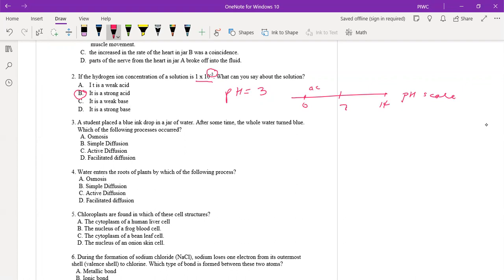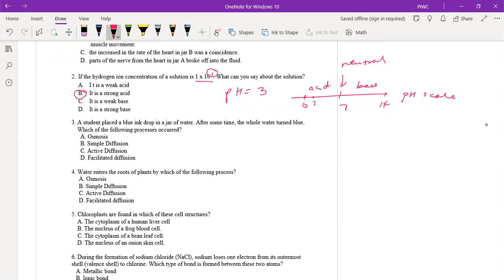And then between 7 to 14, the base. 7 is neutral. And closer to 0, it is a strong acid. So this 3 is close to 0. So strong acid.